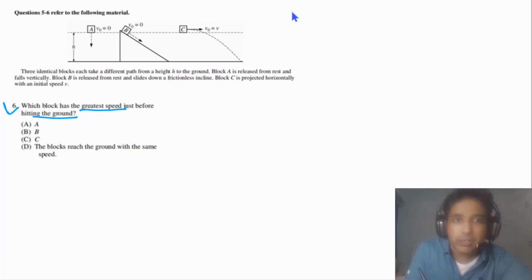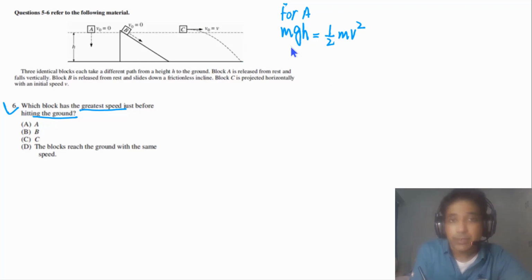For block A, initial energy is only potential energy, so this is mgh, and this has to be equal to the final kinetic energy, 1/2 mv square.